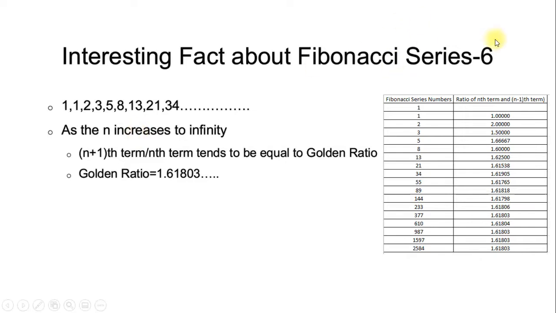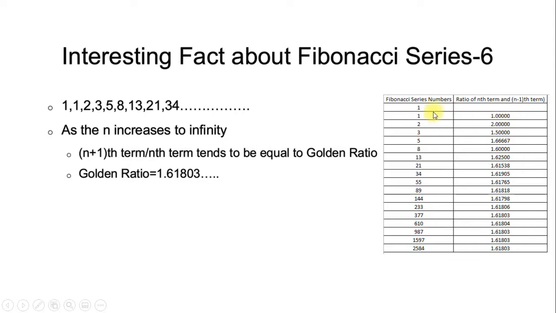So in this chart, you see that the left side, the first column, is the series 1, 1, 2, 3, 5, 8, 13, 21, and it goes on. That is the Fibonacci series, and on the right side we find the ratio of the number to the previous number.